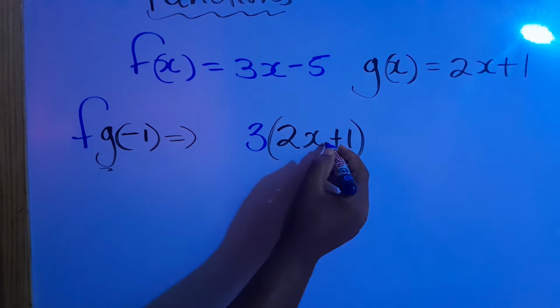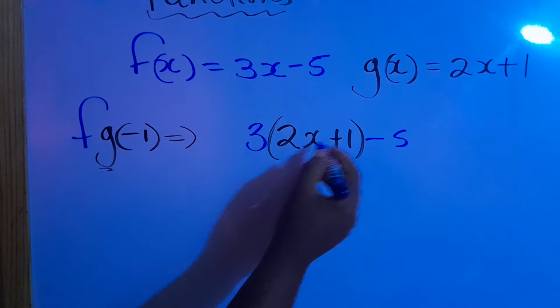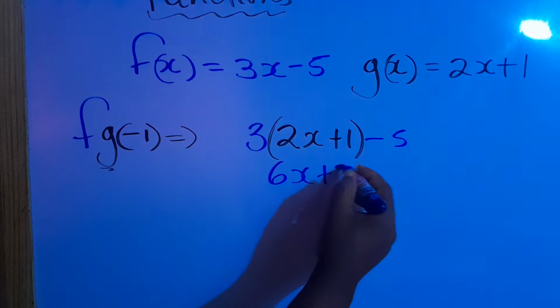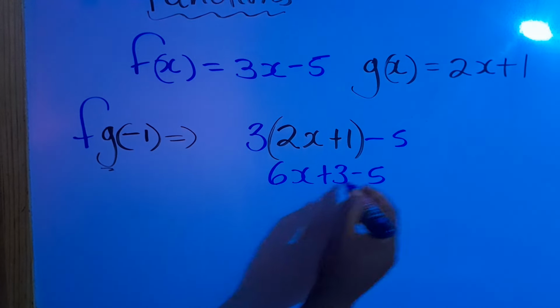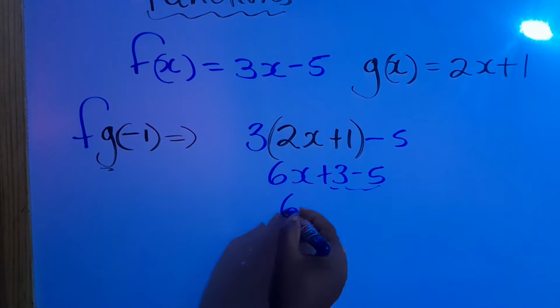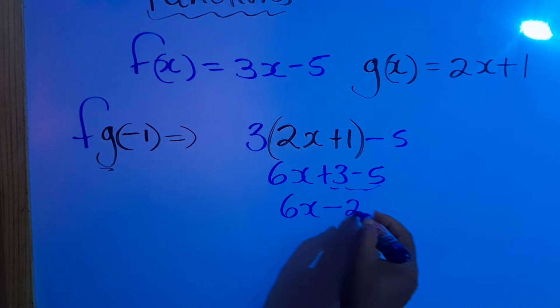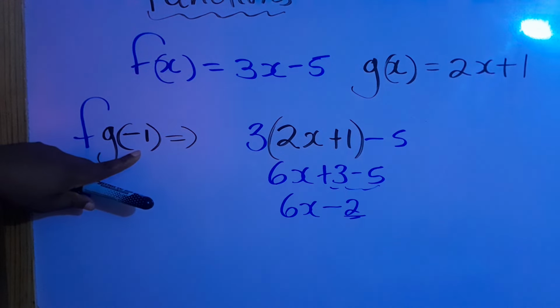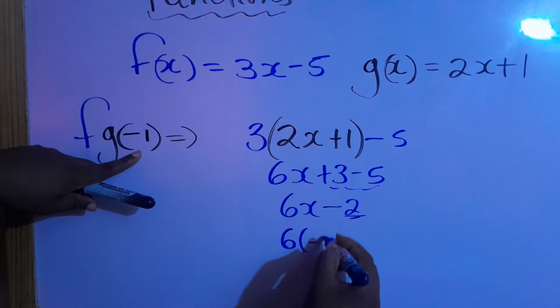So it's 3x minus 5. Expand your bracket. 3 times 2, that's 6. 3 times 1, 3. And we'll put our -5. Simplify this part and we get 6x minus 2. The 5 is bigger. But remember, we are not finished.